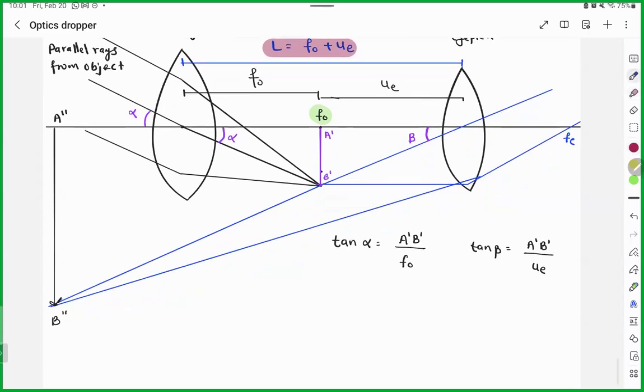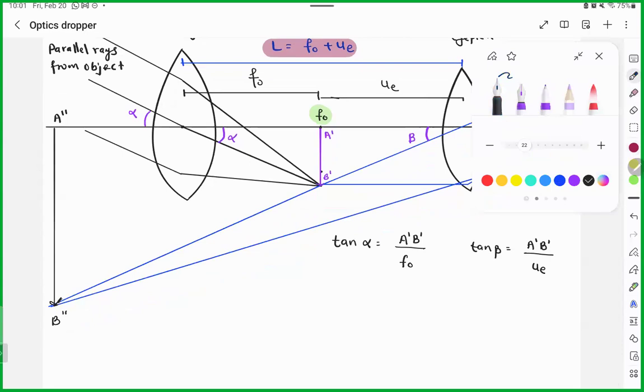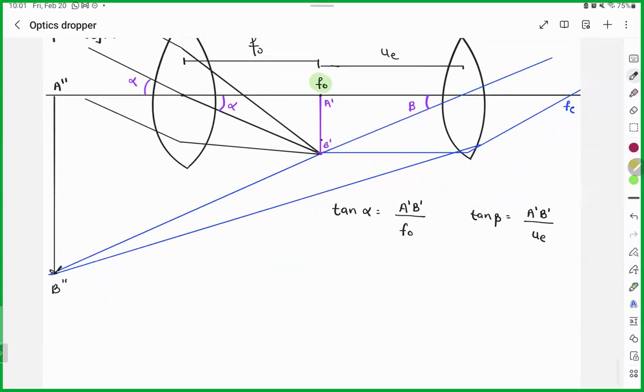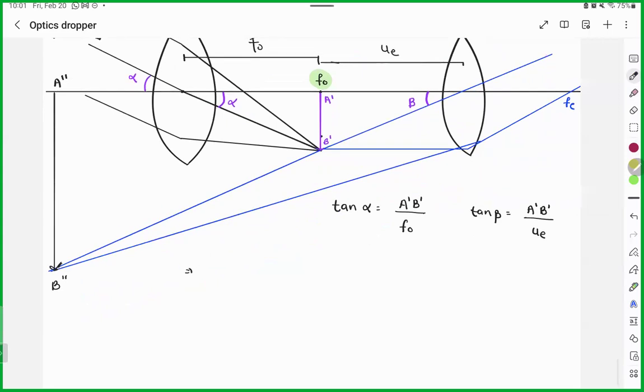If you know, for the best revision, image should form at D. So if image is present at D, least distance of distinct vision, then you know your image is formed at minus D. Your U will be minus UE for the eyepiece, and your focal length is for the eyepiece.